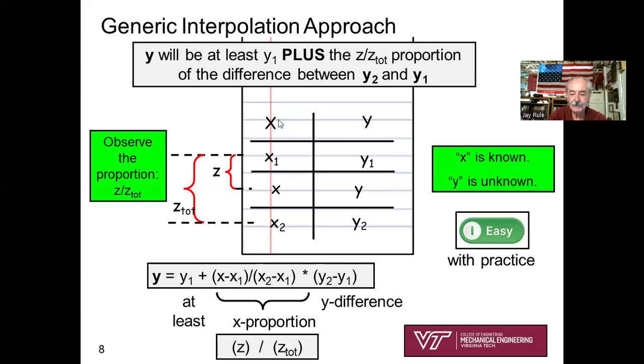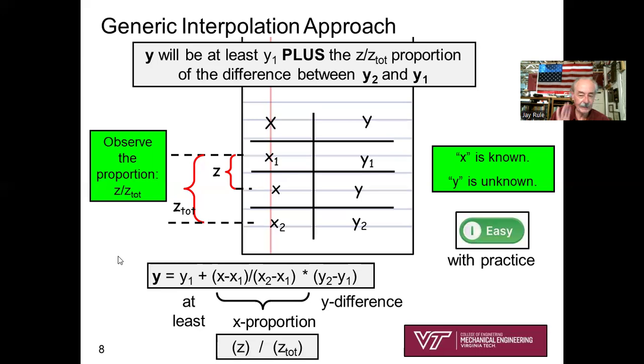I'm going to have two columns, X and Y. Y is my unknown. Y1 and Y2 are known out of my tables. X, all three of these are known: X1 out of my table, X2 out of my table, and X, well, that was 409.